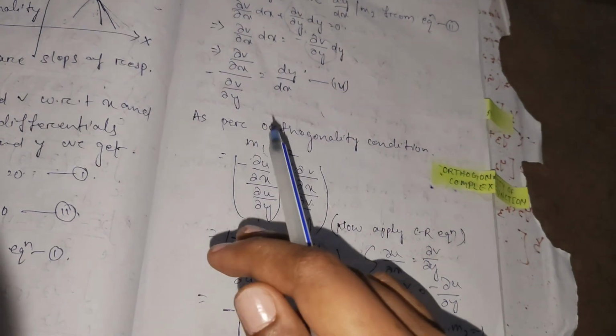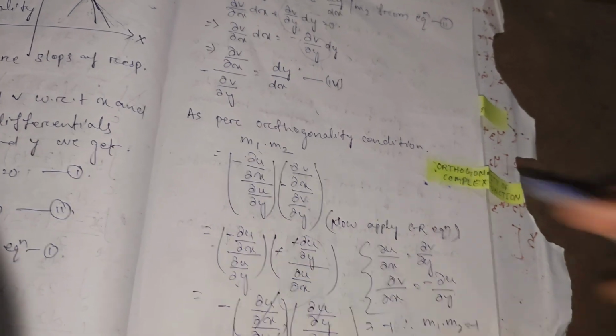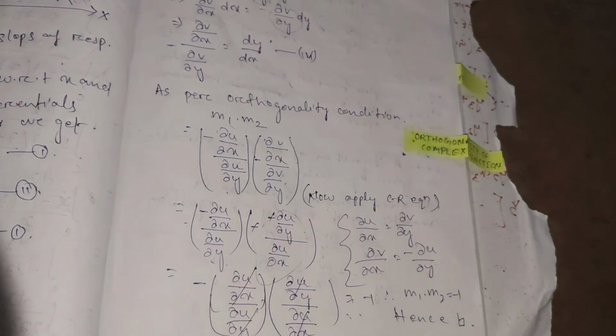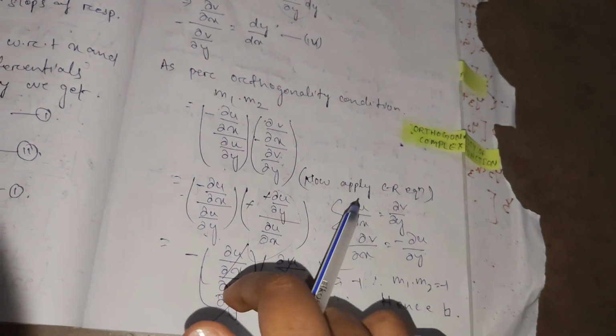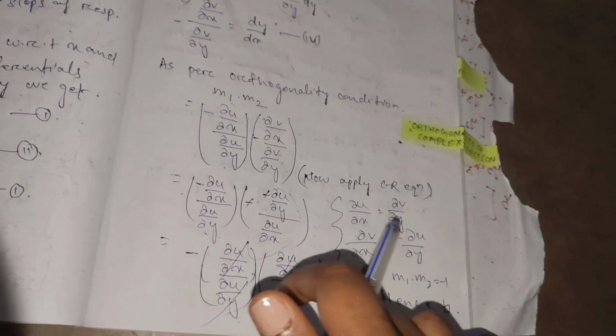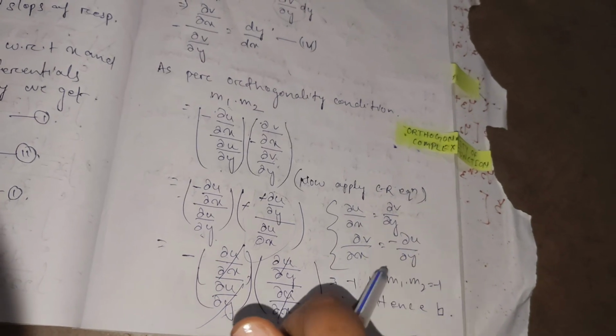Before multiplying, let's change the terms of m2 using the CR equations. The CR equations say that del u by del x is equal to del v by del y, and del v by del x is equal to minus del u by del y.